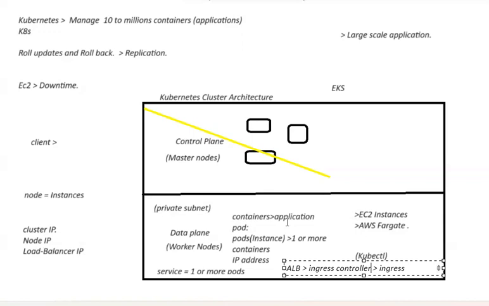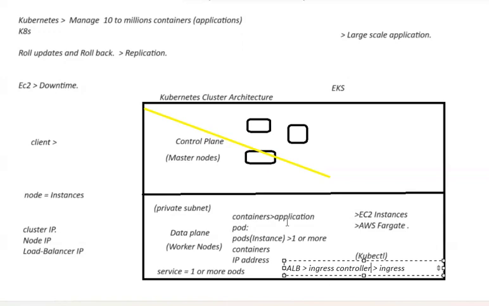What are the things present under my Kubernetes cluster? That is the control plane and data plane. The control plane contains master nodes, and the data plane contains worker nodes. So where do we host our applications? We host our applications under containers present in the data plane.